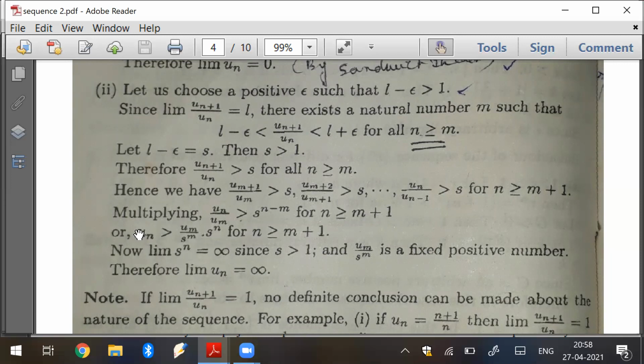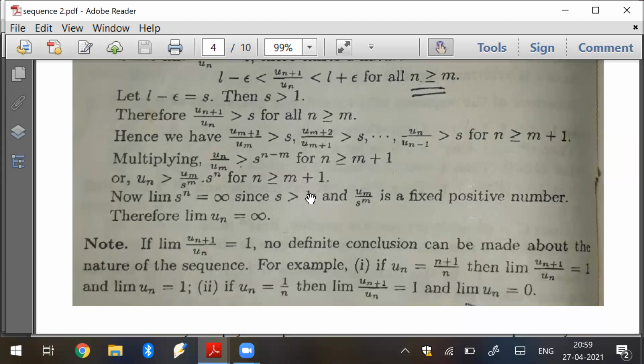Suppose the right hand side gives a number 10,000, so u_n is greater than 10,000. Again for some n you are getting 10 lakhs, so u_n is greater than 10 lakhs, and this goes on increasing. So you cannot bound u_n. As soon as I cannot bound u_n, obviously u_n is properly diverging towards plus infinity.